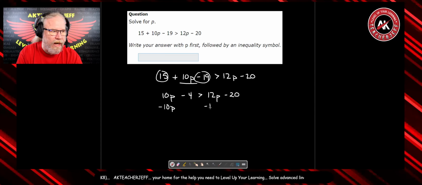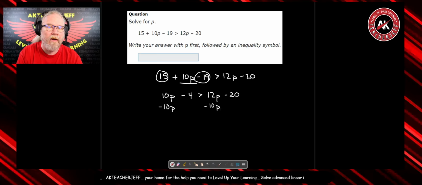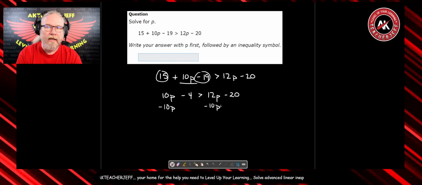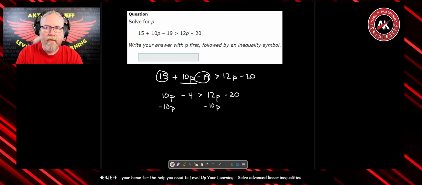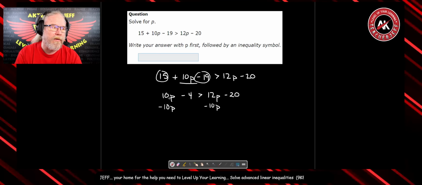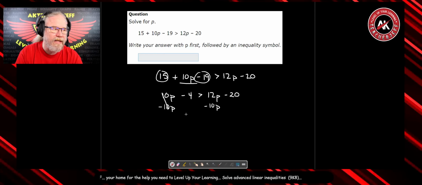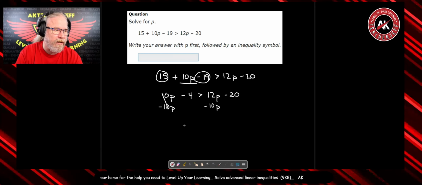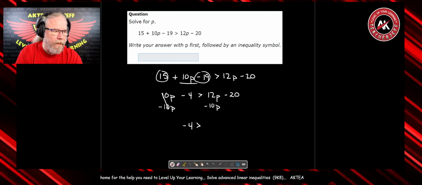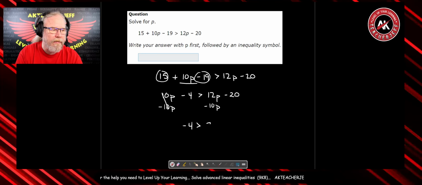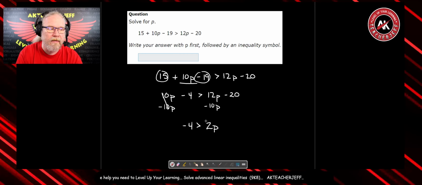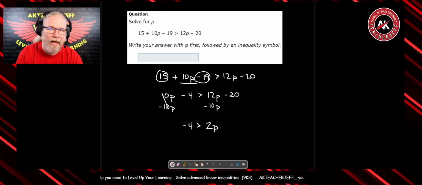Because if I subtract 10p from each side, and I take the one with the lesser absolute value, then I'm going to end up with a positive variable. Because check this out. The negative 10 and positive 10 are going to cancel each other. I still have the negative 4. Let's bring down my greater than sign. 12p minus 10p is 2p.